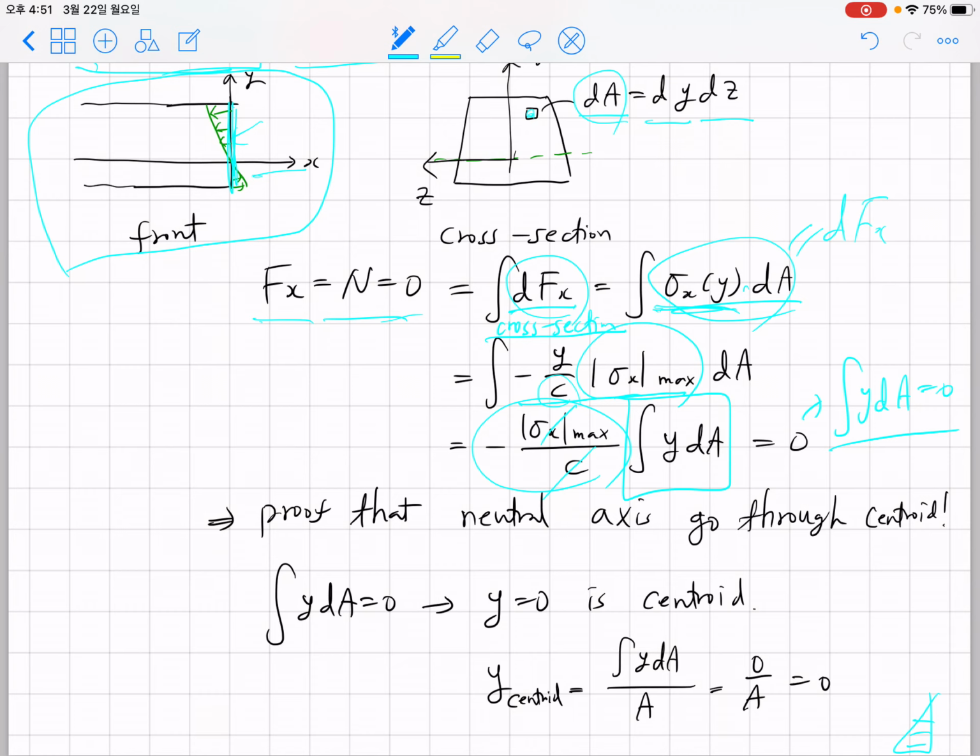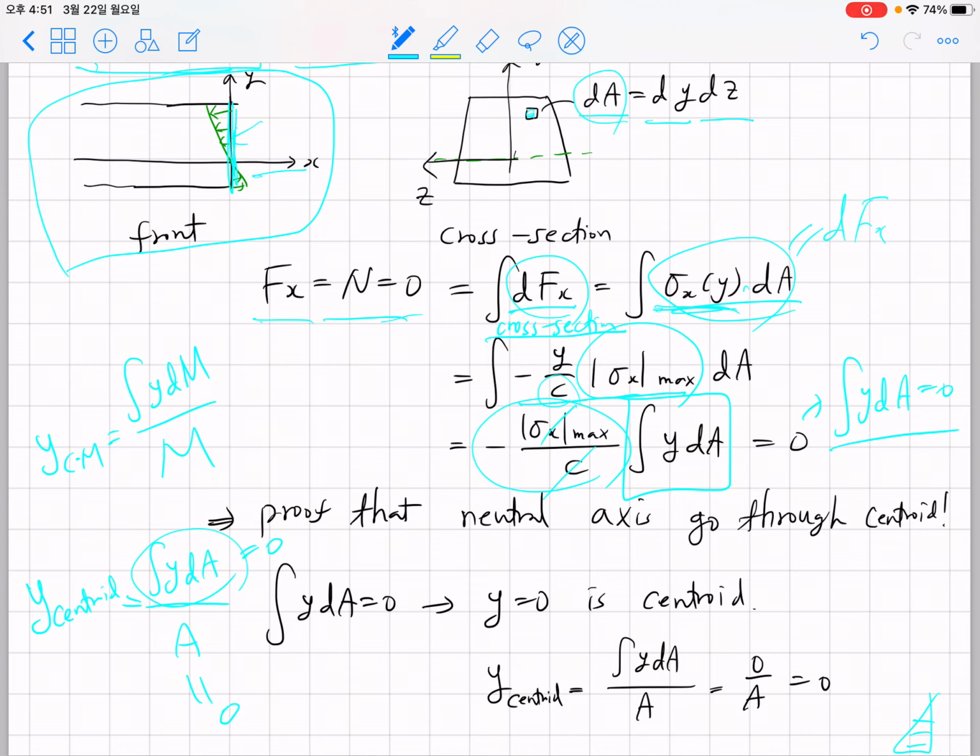Okay, so if you remember the center of mass expression, the center of mass must be defined by this expression. Now, if you consider the centroid instead of mass, it must be defined as the integral of y dA divided by A. Now, our expression says that this integral is 0, which means that the centroid is at 0.